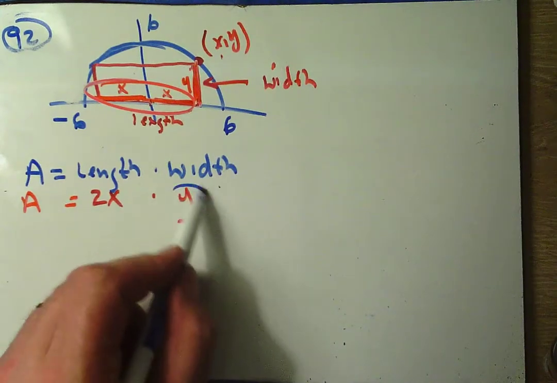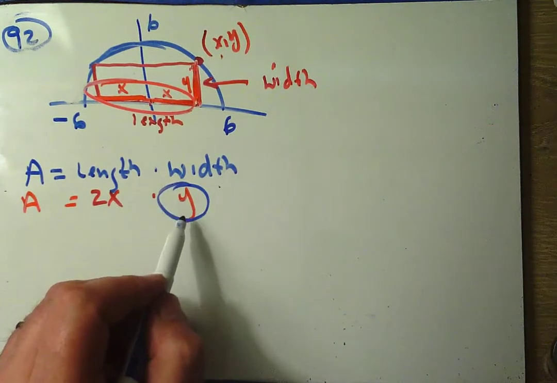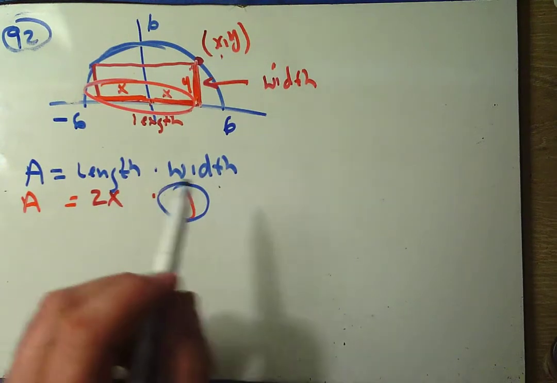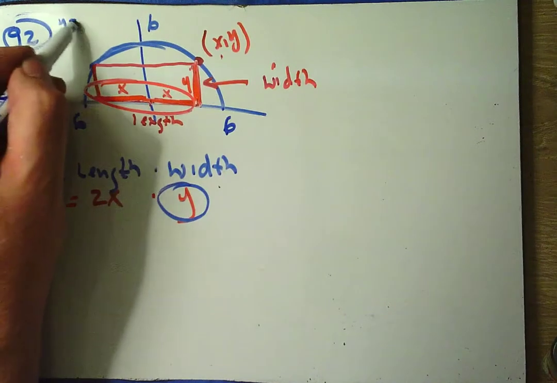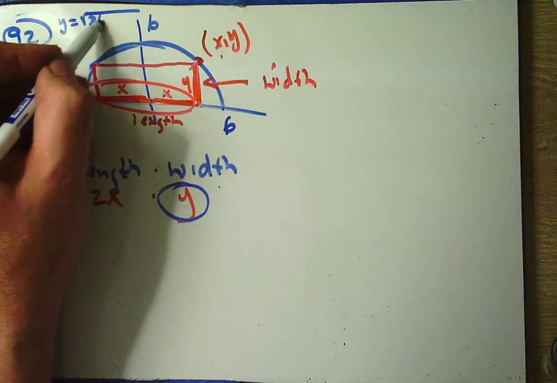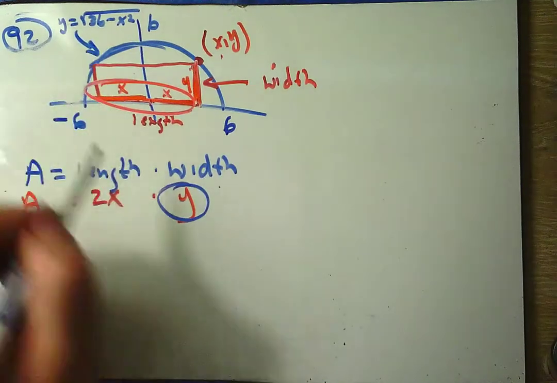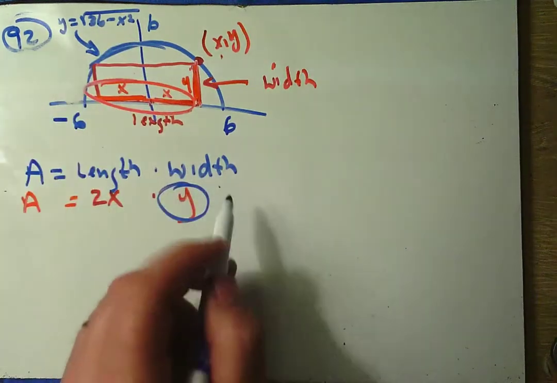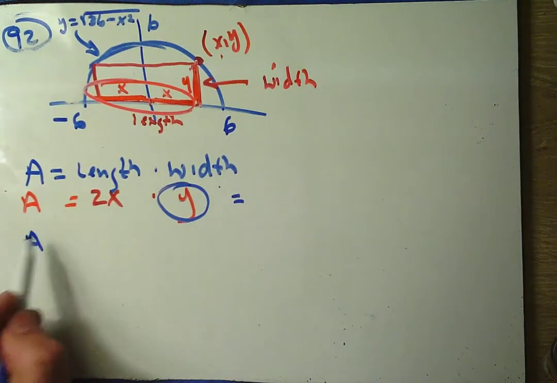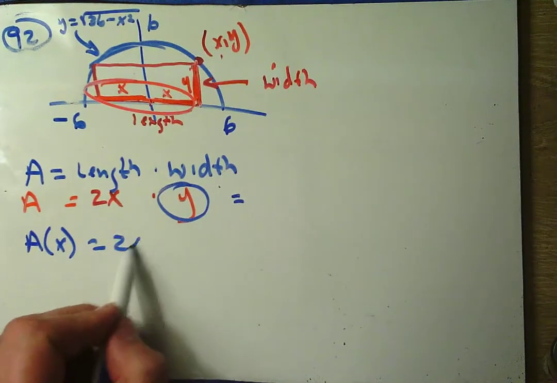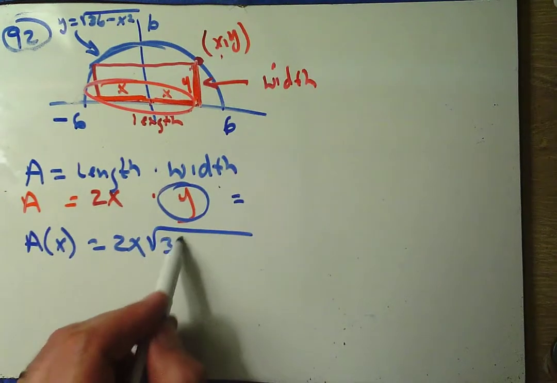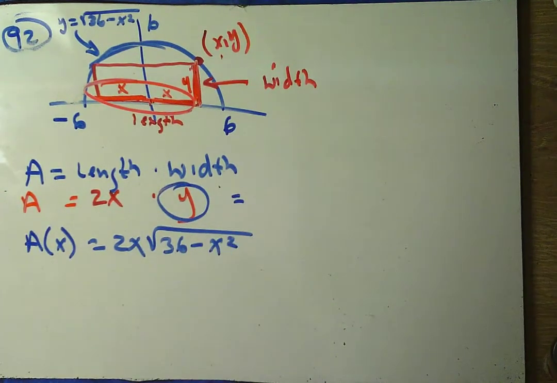So I really need a helping equation to get rid of this y and replace y with some x stuff. Do I have that? Well, I notice here in the picture it says y equals square root 36 minus x squared, and it points to here. So what's y equal to? This x stuff. So I can turn area into a function of x by replacing this y with what y is equal to. Square root of 36 minus x squared. There's my area function for number 92.